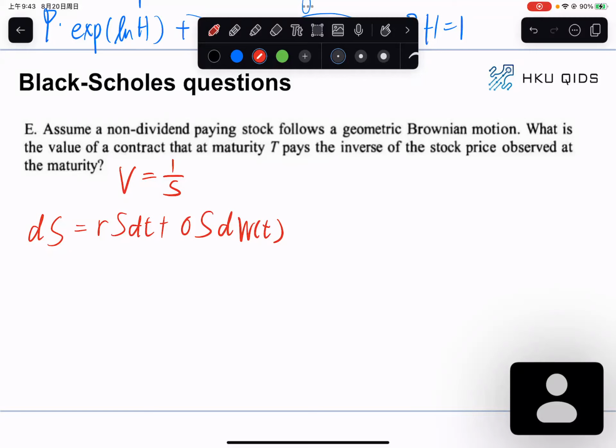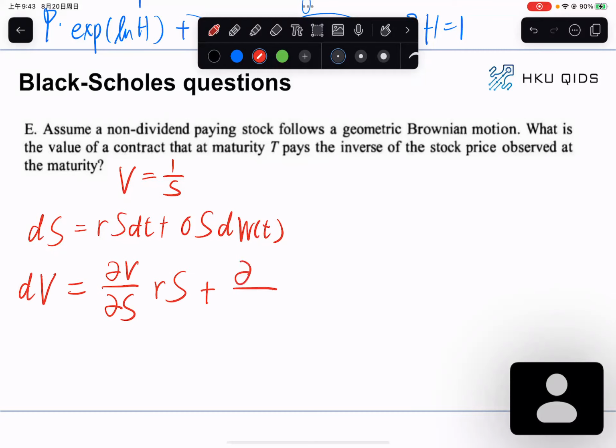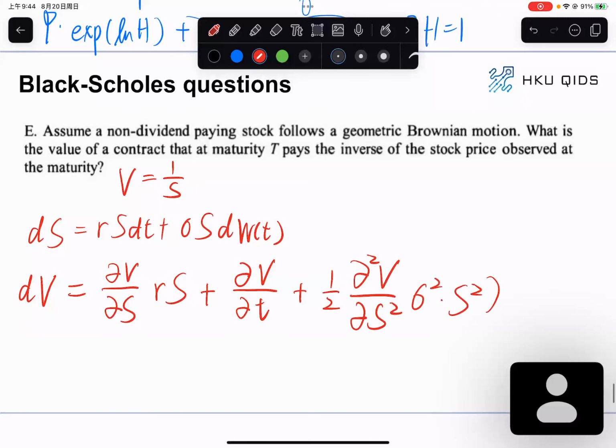And applying Ito's lemma, we can have dV is just equal to what? dV/dS times rS, plus the derivative dV/dt, plus 1 over 2 d squared V over dS squared, and sigma squared S squared, and it's all multiplied by dt.